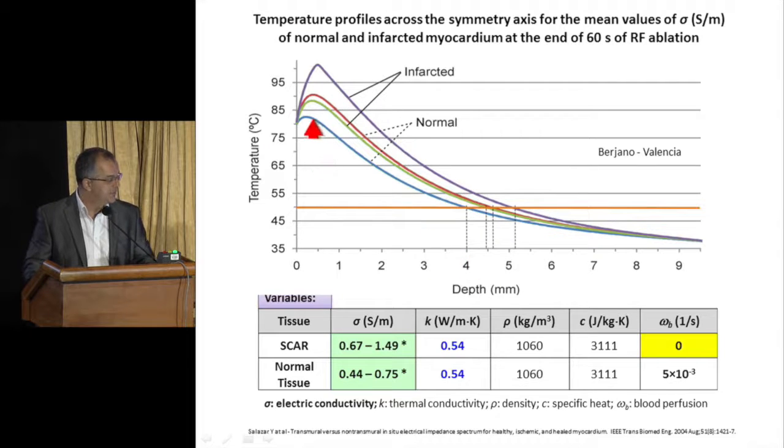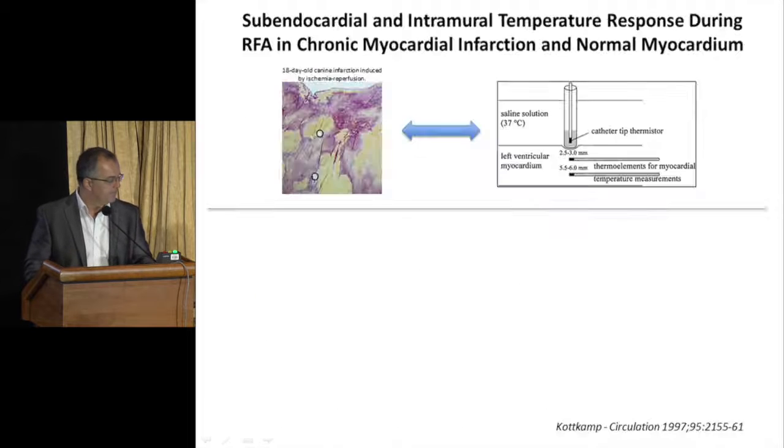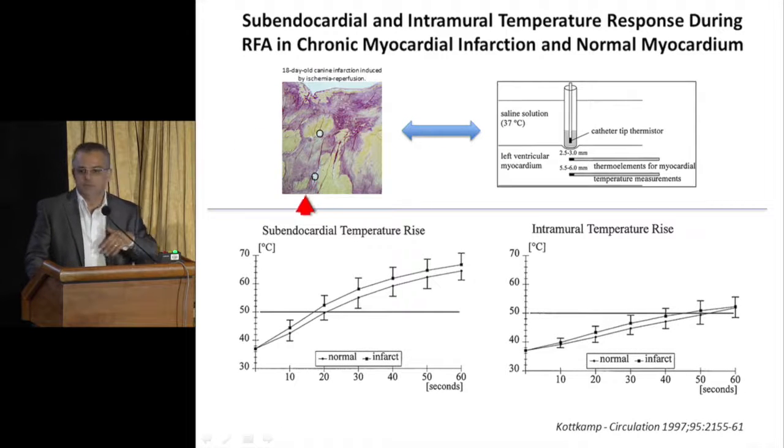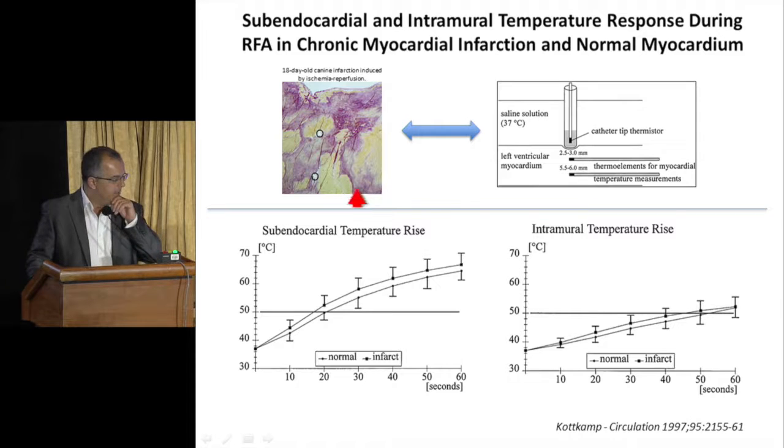As you can see here, when we try to understand the temperature profile between scar and normal tissue, if you take these variables and plot them here, a scar will always favor RF conduction, RF heat. This has been shown a long time ago by Dr.